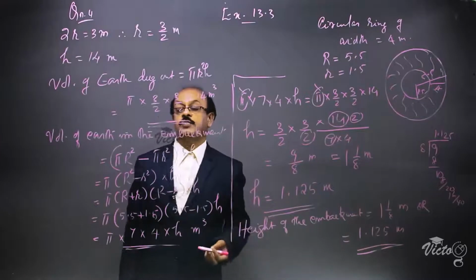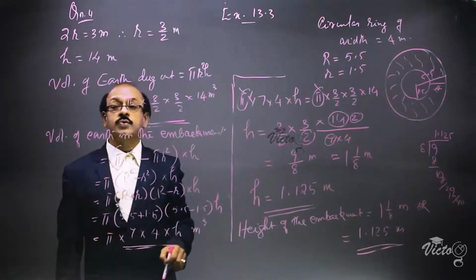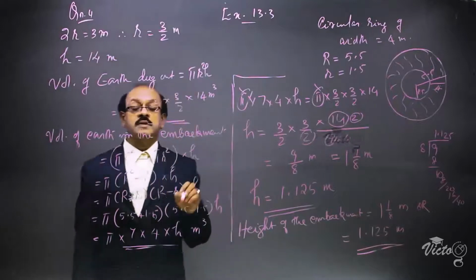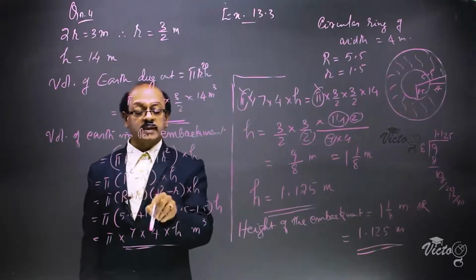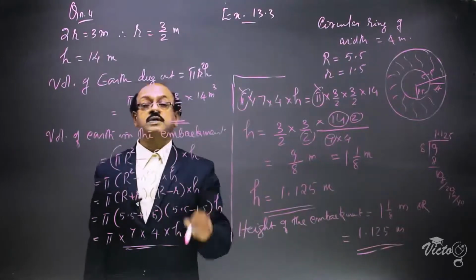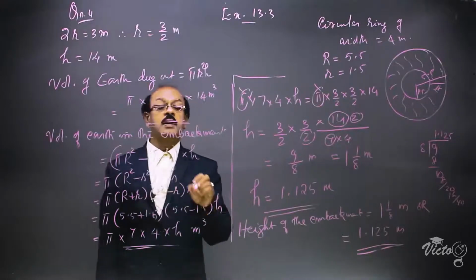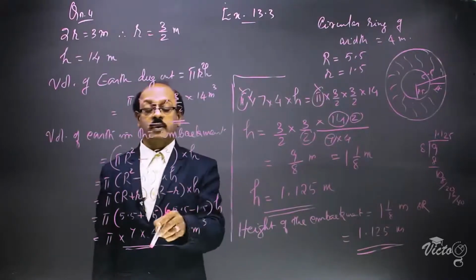Now, giving the values, pi into capital R is equal to 5.5, small r is equal to 1.5. So, R plus r is equal to 5.5 plus 1.5 and R minus r is equal to 5.5 minus 1.5. 5.5 plus 1.5 will give 7 and 5.5 minus 1.5 will give 4.